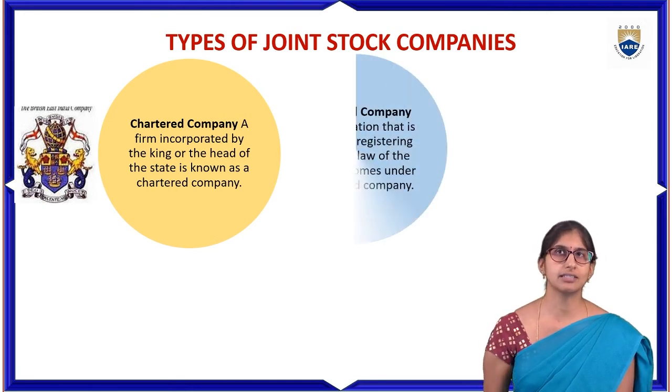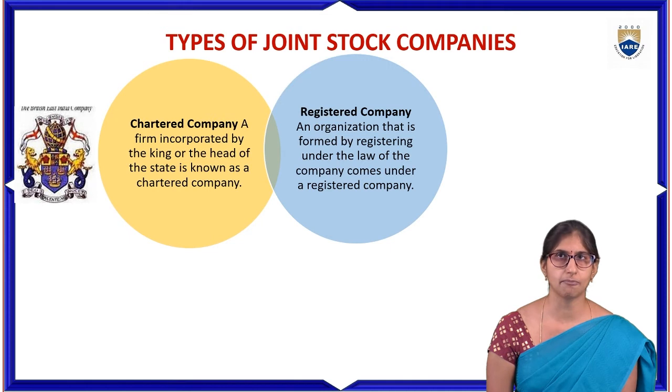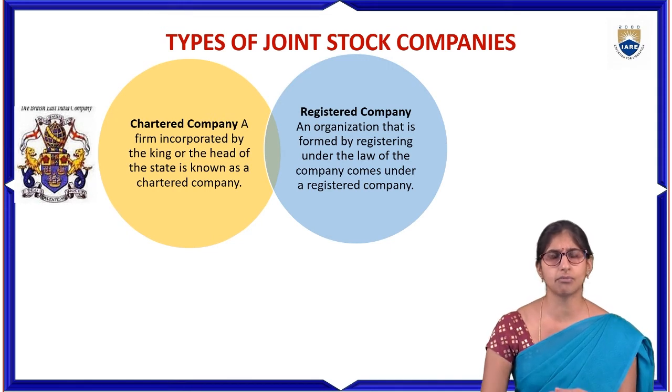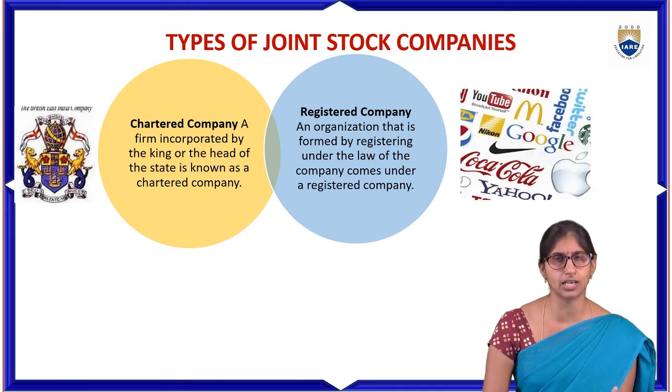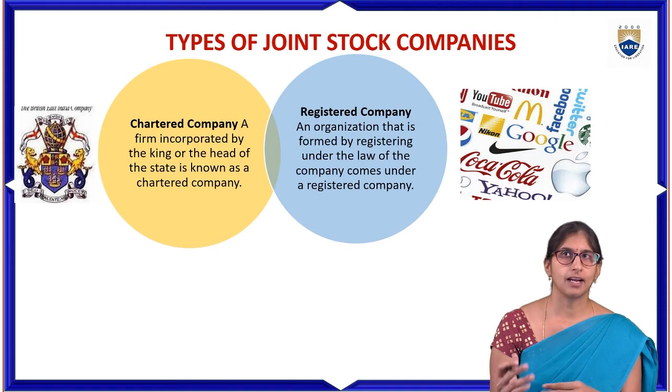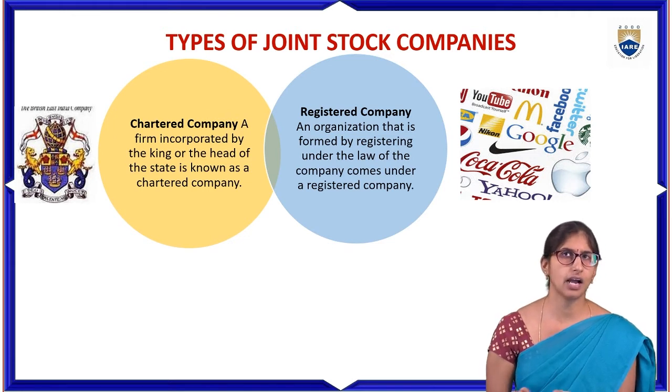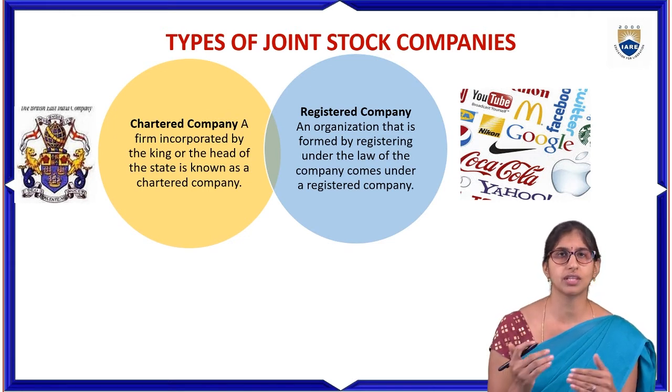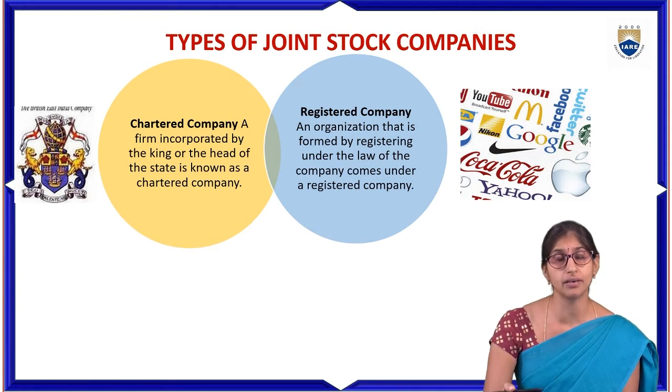And the next one is the registered company. A registered company can be anything, like we generally see Microsoft, Apple, Google, Coca-Cola, YouTube. All these are registered companies, registered with the stock exchanges. Okay, so why is the name registered?